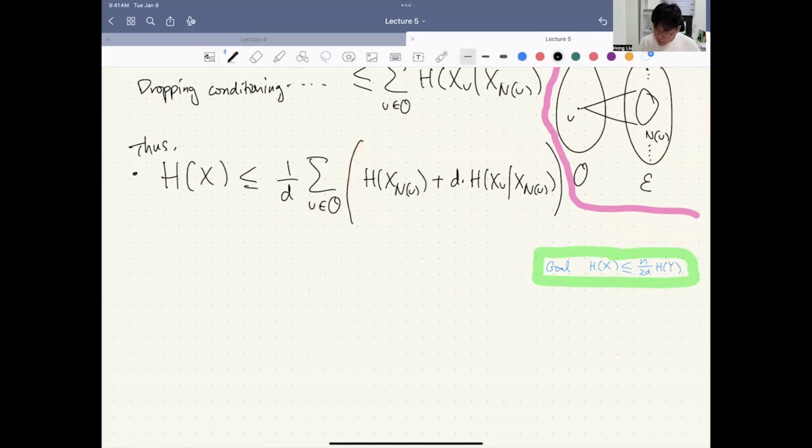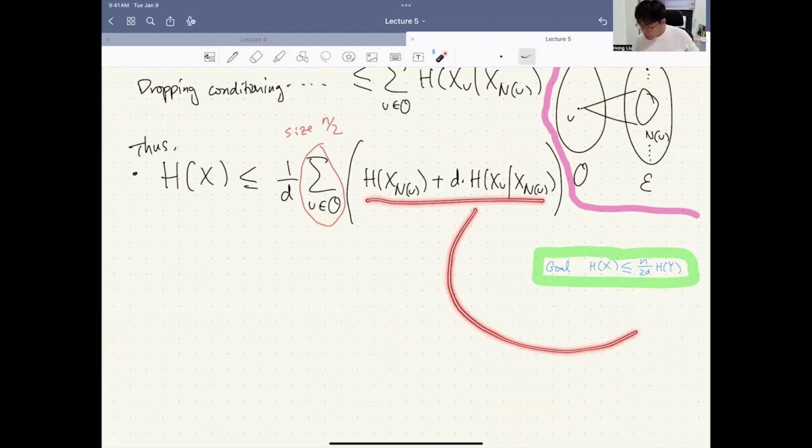What's the number of vertices here? This set is of size N over 2, multiplied by 1 over D is exactly N over 2D. So if we can get a uniform bound for each V on the left-hand side, that this sum is at most the entropy of Y, we are done.